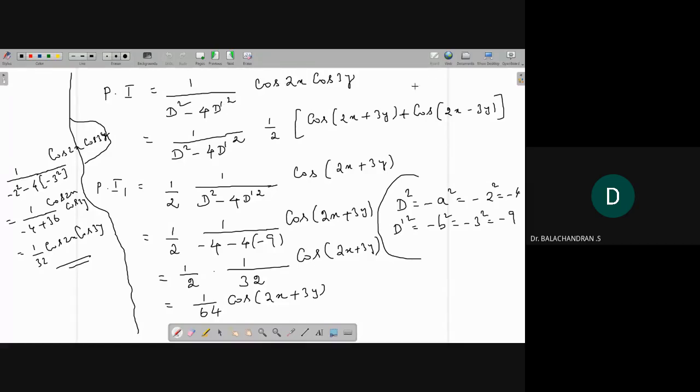If you have a d dash term in the denominator, you can't apply this idea. Okay, the shortcut method: you can use it only if the right hand side is cos or sin. It doesn't matter whether you have sin cos or cos sin. Similarly, you can't use this shortcut method if the denominator contains the term d dash. Okay.